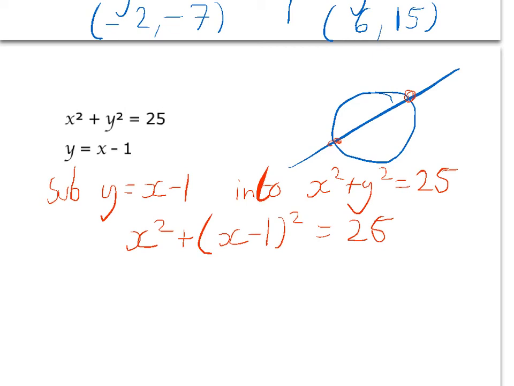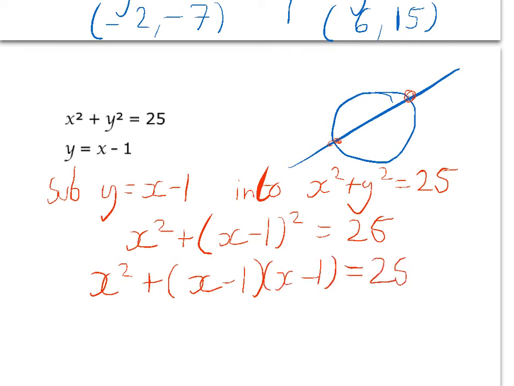Now remember, x minus 1 squared means x minus 1 times x minus 1. Let's expand the bracket first.